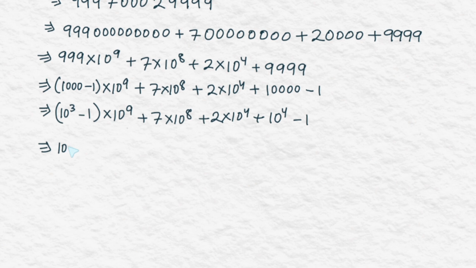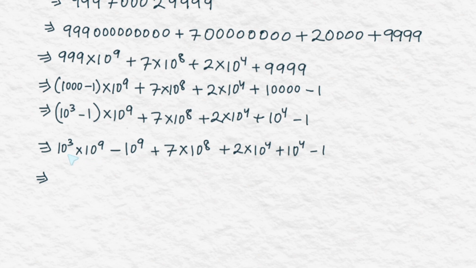So after multiplying we'll get 10 to the power 3 into 10 to the power 9, minus 10 to the power 9 itself, plus 7 into 10 to the power 8, plus 2 into 10 to the power 4, and then the rest.